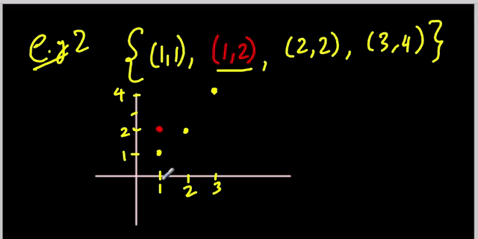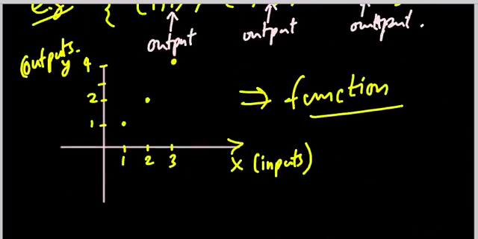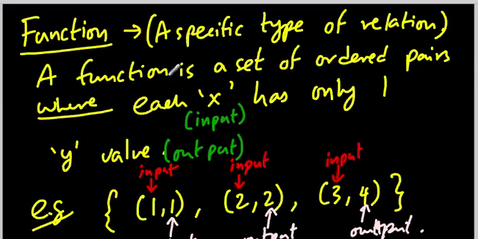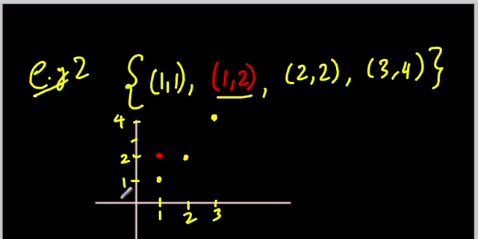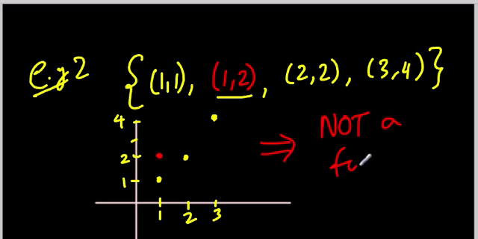Remember the definition of a function: each x has only one y, so for each input, we have only one output. For my input 1, I don't have only one, I have 2. I have an output of 1 and also an output of 2, and that's problematic. Therefore, this is not a function.